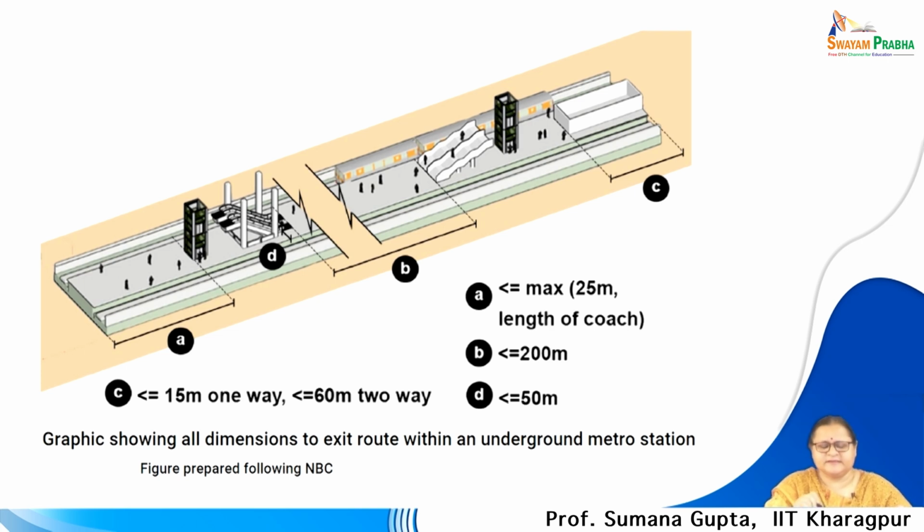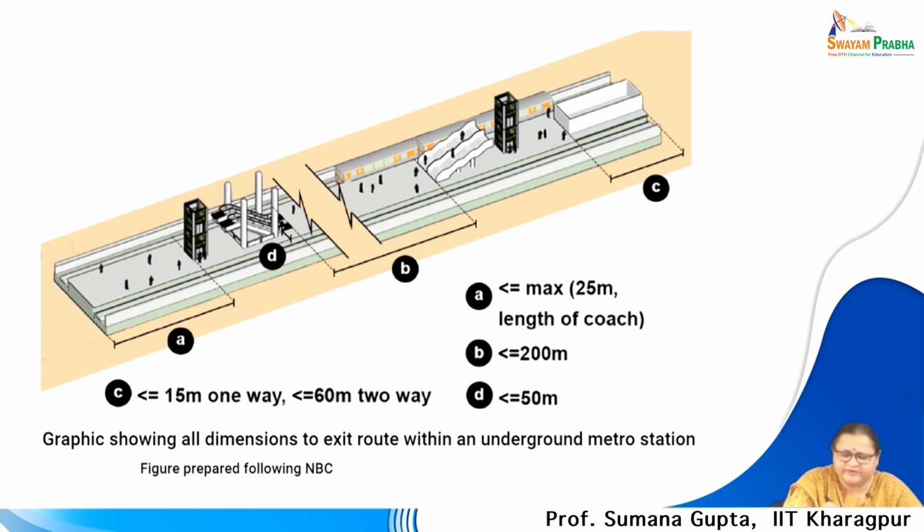So, if you see, these views are created. You can see the staircase taking down to the platform level, the staircase block, and here are certain norms which are guidelines given in the NBC. As you see, A, the distance from the staircase till the end of the edge of this station should not be more than 25 meters.